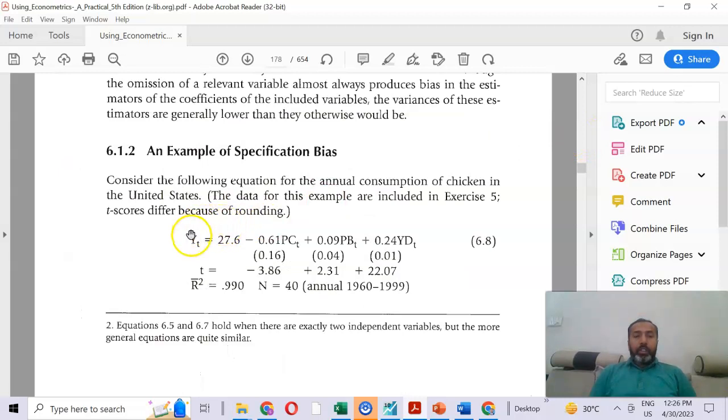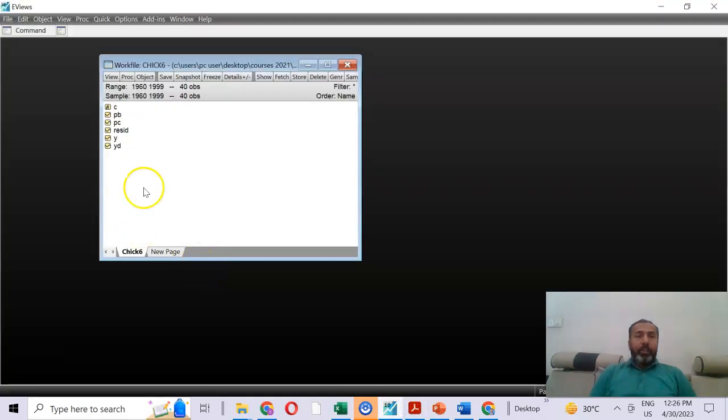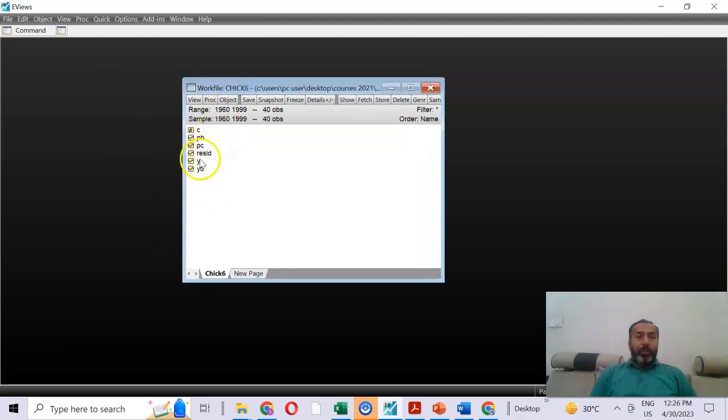Theoretically, chicken consumption depends upon the price of chicken, price of beef because beef is a substitute for chicken, and disposable income. We do have a data file in eViews. Let's move to the eViews section. In this section, we have these variables in short form: y, which is our dependent variable, price of chicken, price of beef, and disposable income.